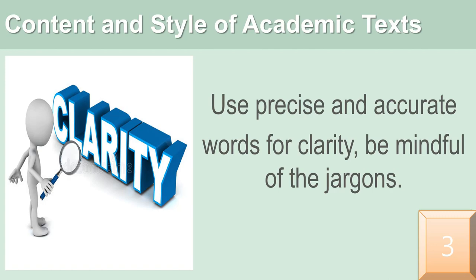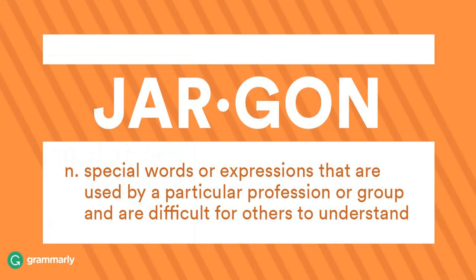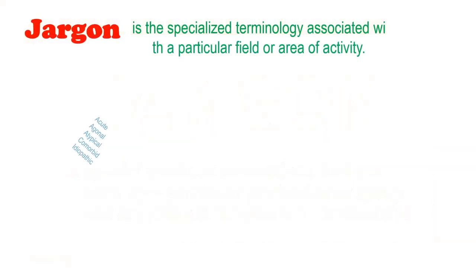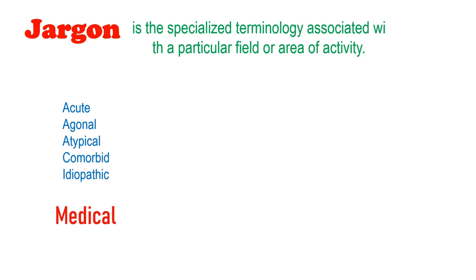Now, what do you mean by jargons? Jargon refers to the special words or expressions that are used by a particular profession or group and are difficult for others to understand. For example, if I were to say acute, agonal, atypical, comorbid, and idiopathic, would you be able to understand them easily? I guess not, since these words are commonly used in the medical field.